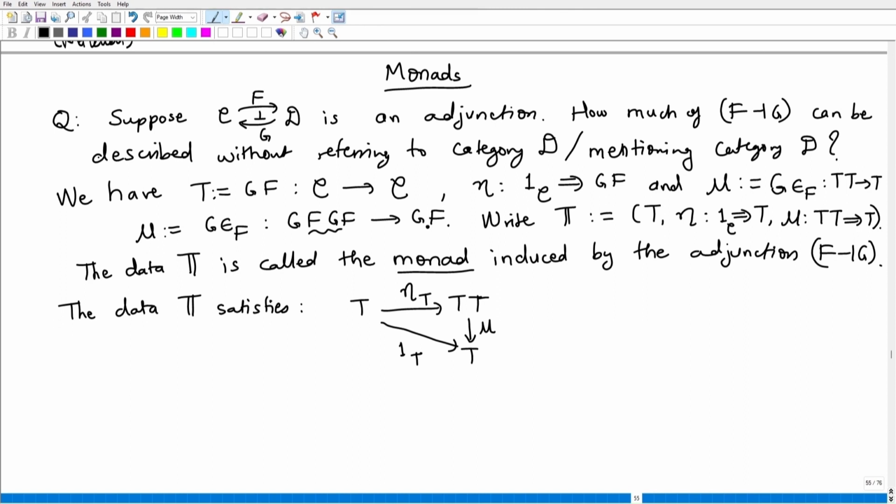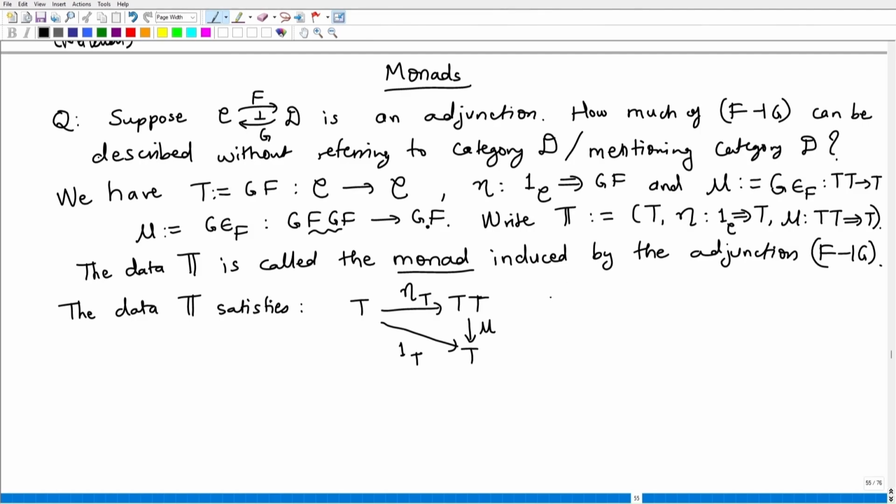Okay, so this is true. Can you verify that? Why does this happen? Eta sub T. This actually follows from exactly the triangular identities.